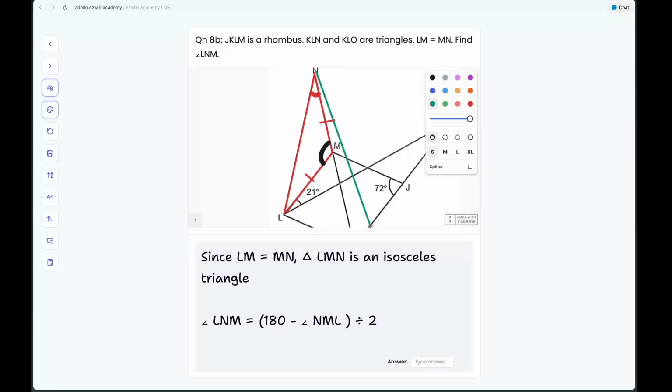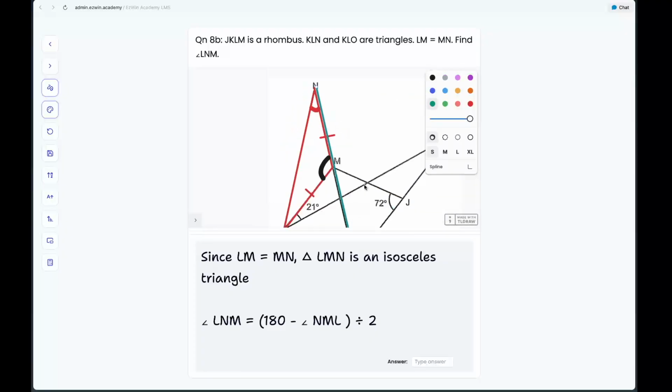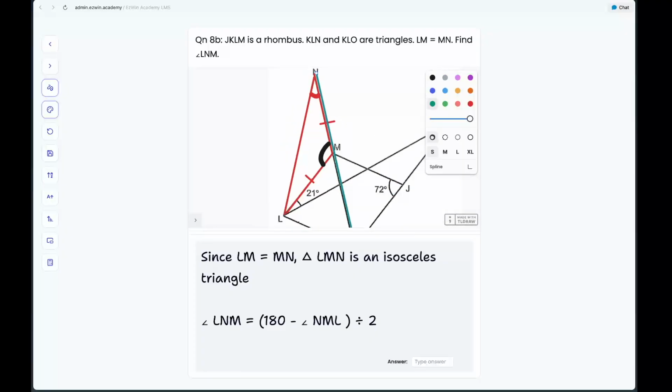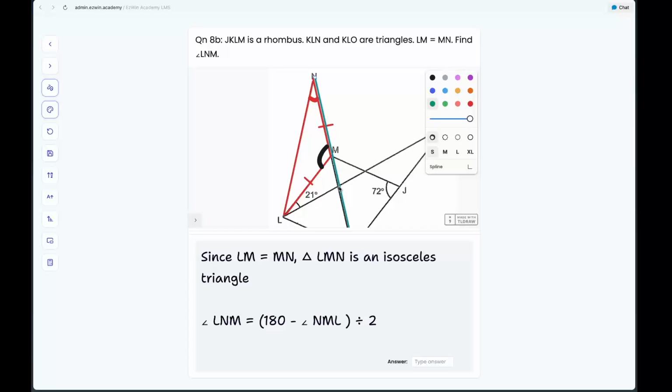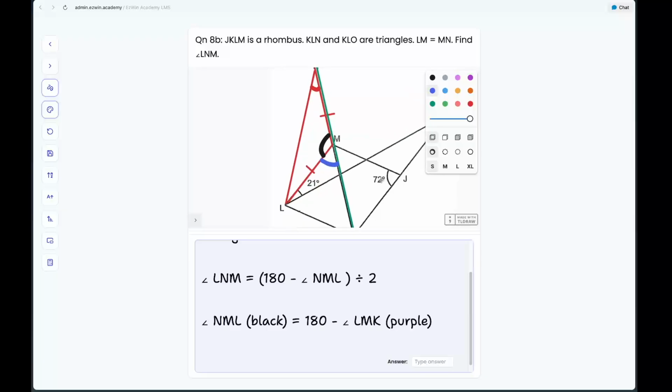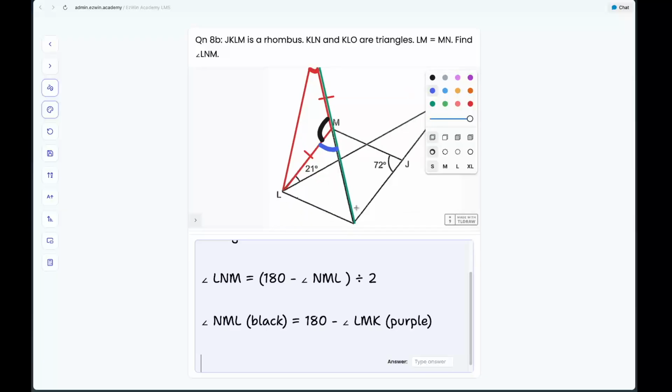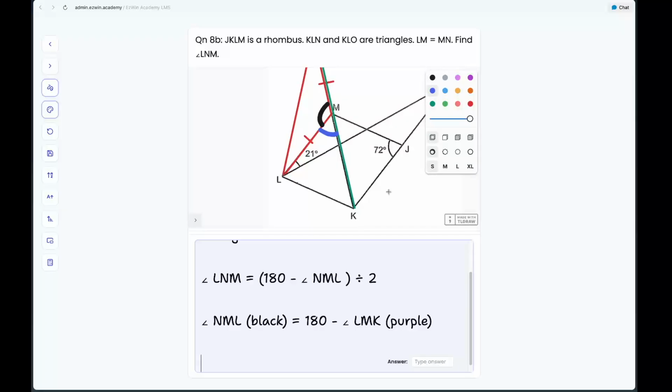If I highlight this line, angle NML is basically 180, which is the line, minus this angle, which is in purple, LMK. For this LMK, we need to find the two other angles, this purple angle and this green angle.